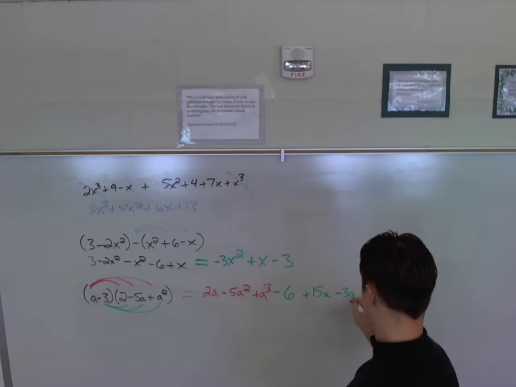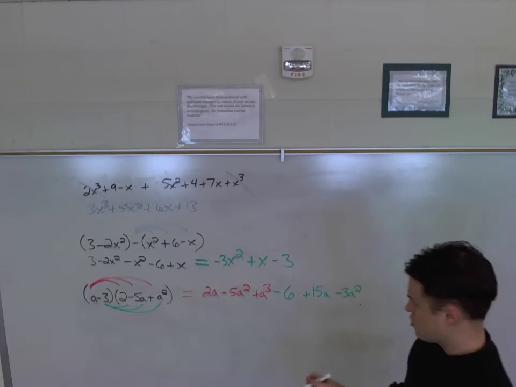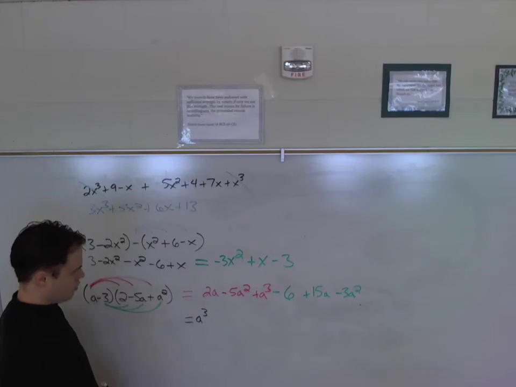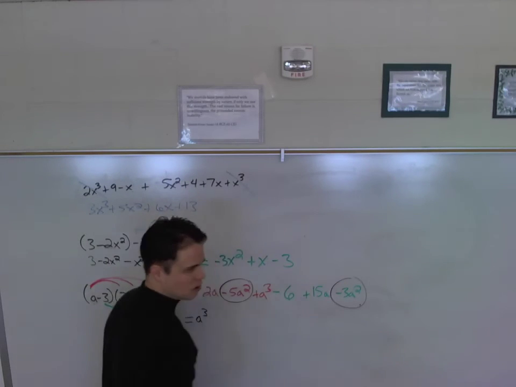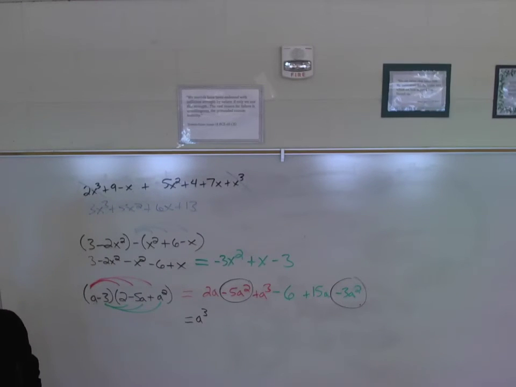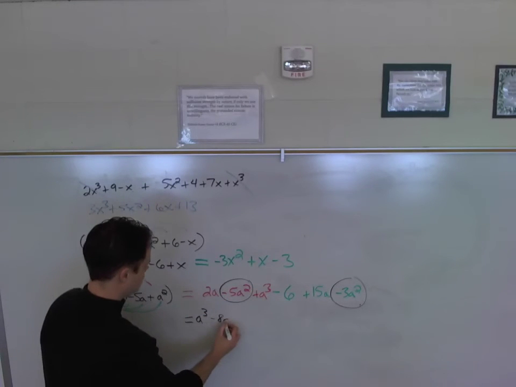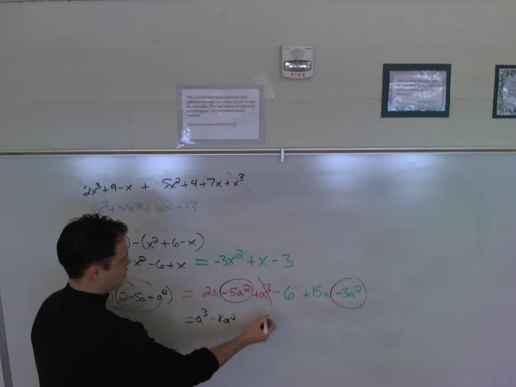Sweet. Good. And then can we stick any of those things together? Sure. A cubes, we've just got the a cubed, right? A squareds, we've got this and this. So you can circle stuff to help yourself out, whatever you need to do. So we've got how many a squareds? Negative 8 of those. And then a, we did this one.